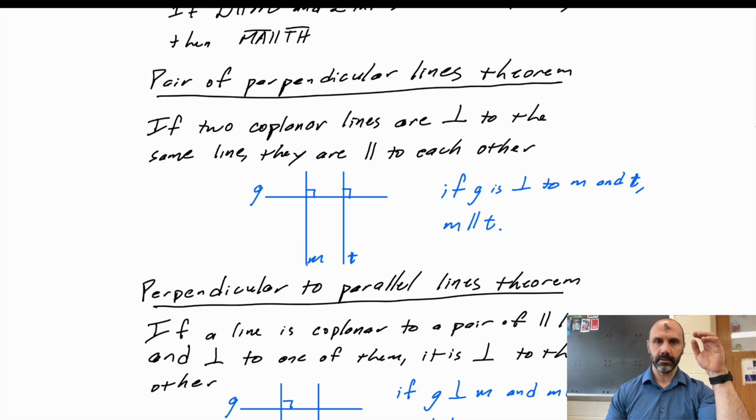Early on studying math and physics, I found that if I write regular T's, I would mix them up with plus signs. So I draw my T's with the little curl on the bottom. So anyway, line M and line T, they're in the same plane, and they are both perpendicular to line G. Well, if they're in the same plane and they're both perpendicular to G, that means that they are parallel to each other. Right, so that's what that means.